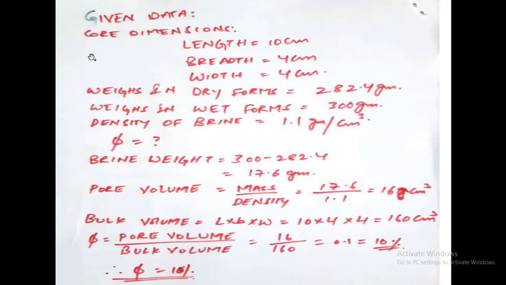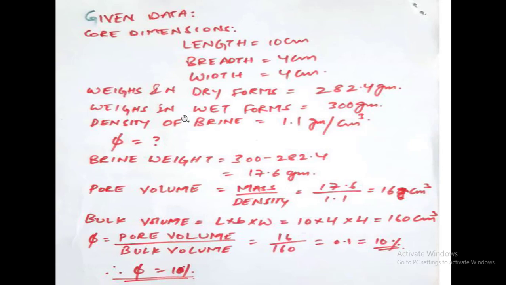Okay. So as you can see in this slide, I have shown you one problem, where the given data is core dimensions: length equal to 10 centimeter, breadth equal to 4 centimeter, width equal to 4 centimeter. Here you can see that the weight of the dry form is 282.4 grams and the weight of the wet form is 300 grams. So you have both data, so you can consider that this is an indirect method of porosity determination, or you can say the water evaporation method, right?